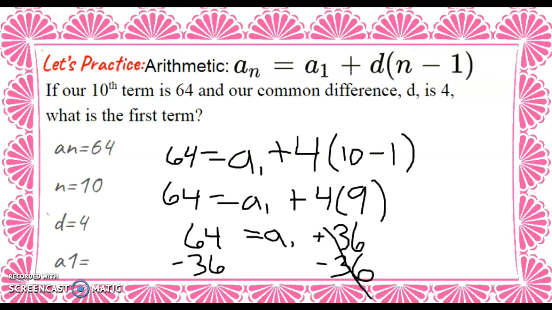So 36 minus 36 is 0. And then we have 64 minus 36, 28. So 28 equals A1. Our first term should be 28.